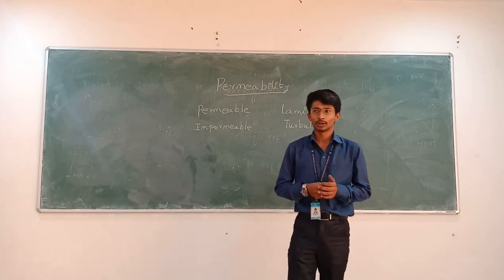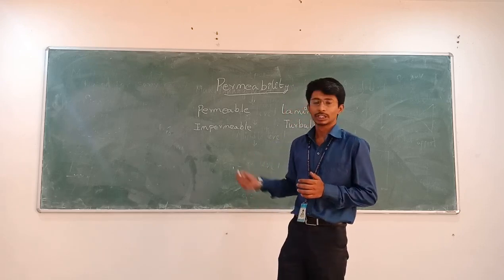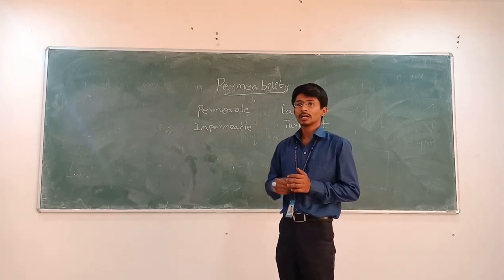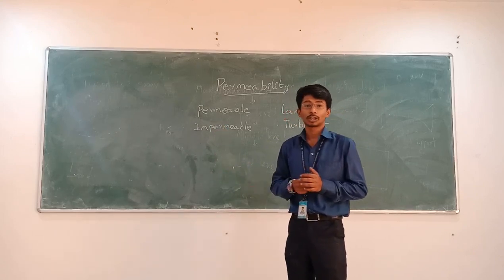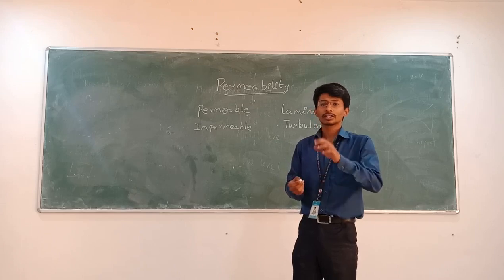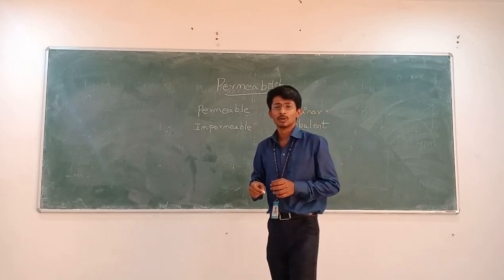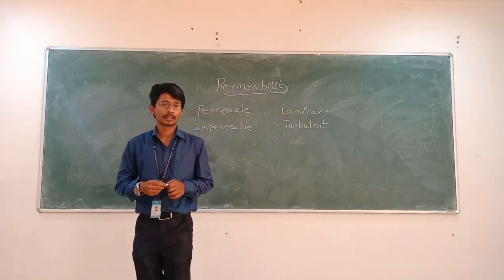While you consider some hydraulic structures, the piping effects are basically due to this permeability. Then, while you deal with some slope stability aspects, permeability provides a major important factor. So, these are the things with which permeability deals. So, there arises a need to deal with permeability.